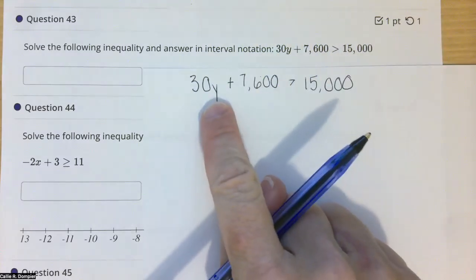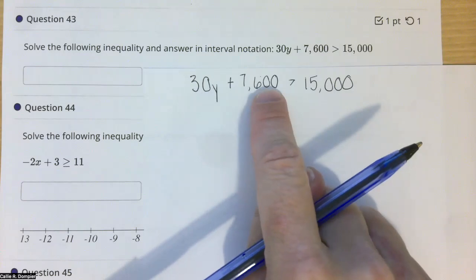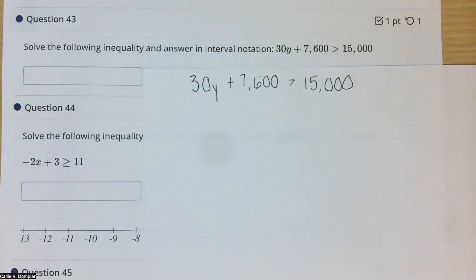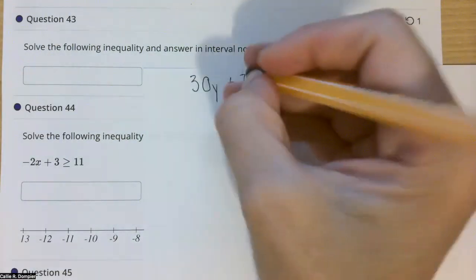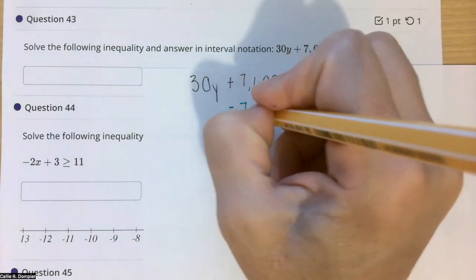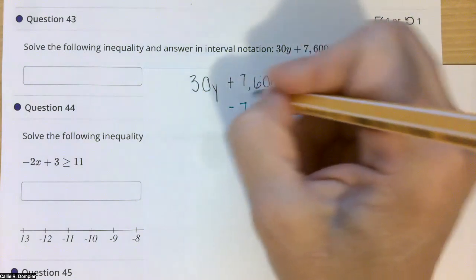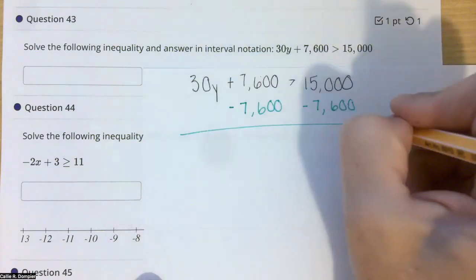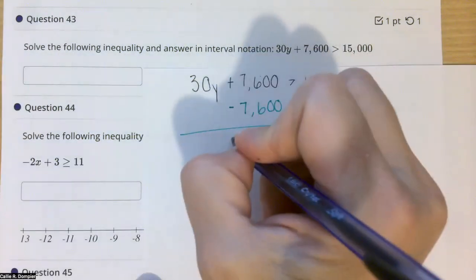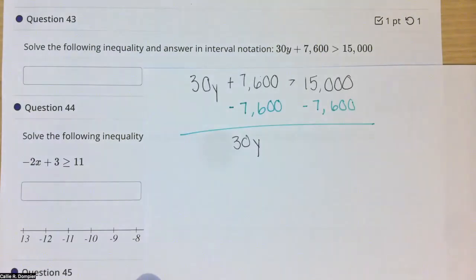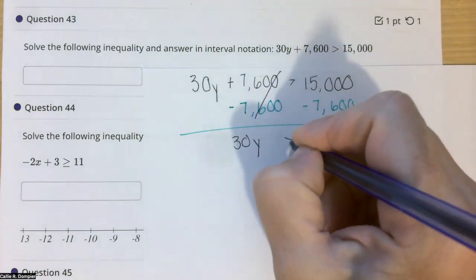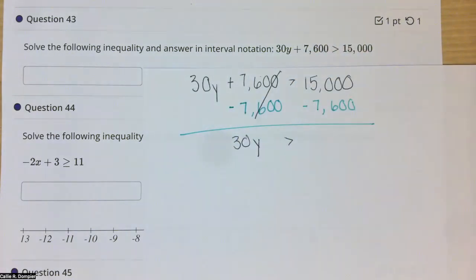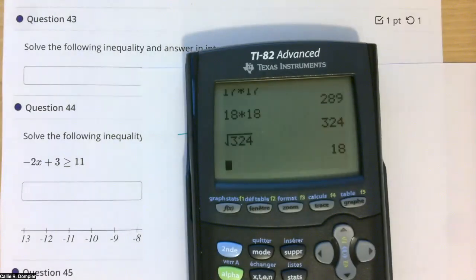Again, we want y alone. So we'll do the opposite: minus 7,600 on this side. Anything I do to this side, I also have to do to this side. Now we've got 30y. Those cancel, is greater than 15,000 minus 7,600.